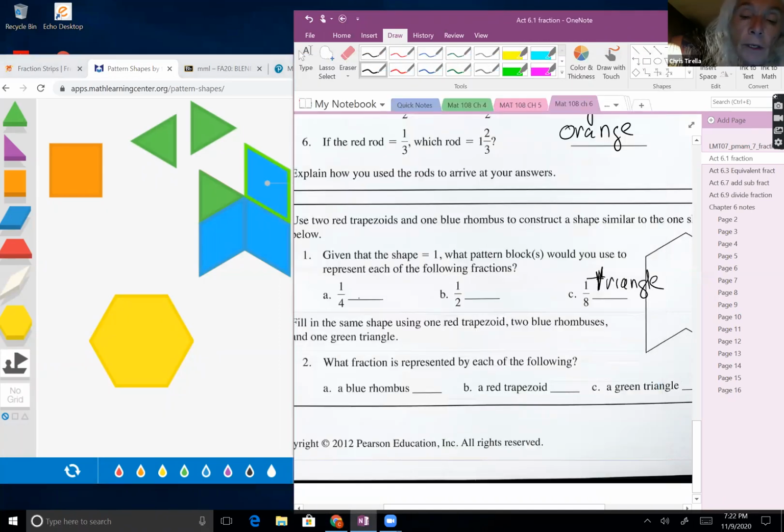And so wouldn't a blue rhombus be a quarter?